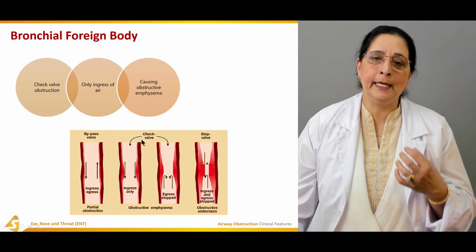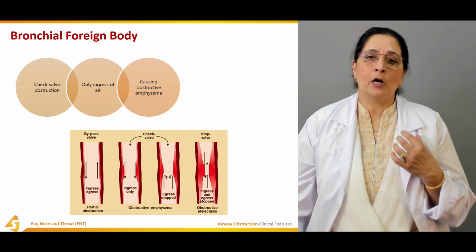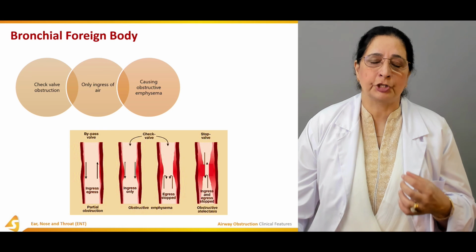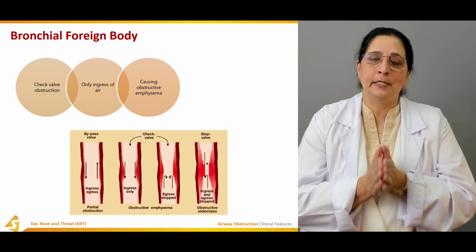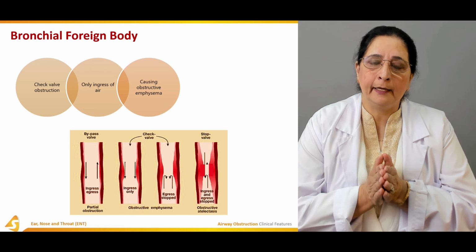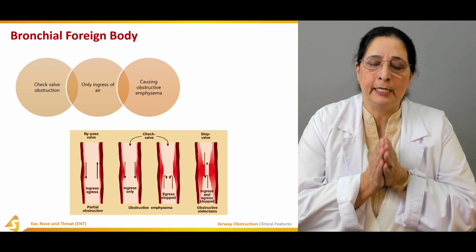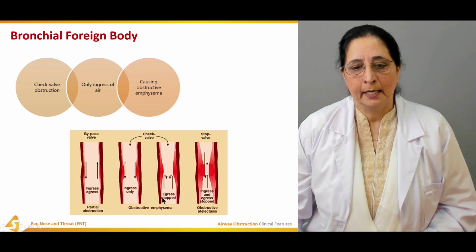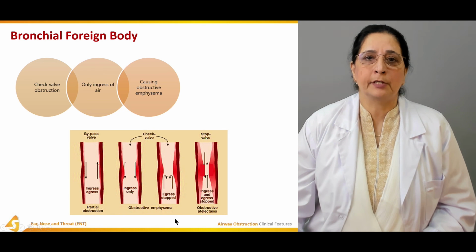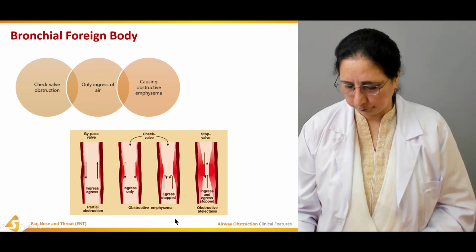So a foreign body in the bronchi causes check valve obstruction. This check valve obstruction only allows inflow of air, ingress only, no outgress or egress here. Egress is absent, causing obstructive emphysema.